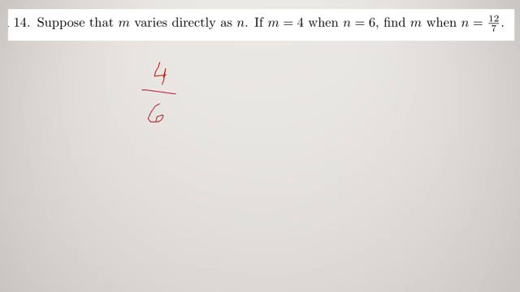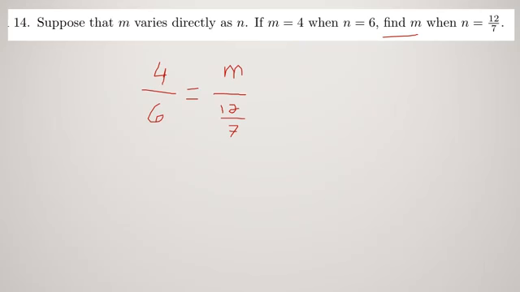So, yung m sa numerator, yung n sa denominator, equals, we don't know, so just write m, because we don't know. Find m. Tapos, the denominator is 12 over 7.